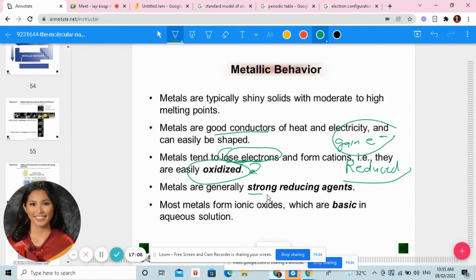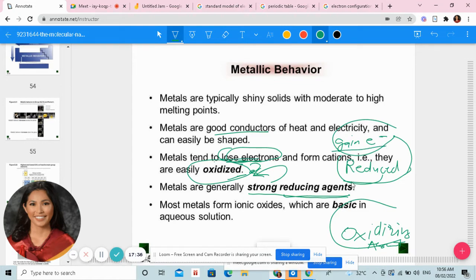Now, metals are generally strong reducing agents. If they are easily oxidized, they are reducing agents. If they are easily reduced, then they are called oxidizing agents. So metals are oxidized, strong reducing agents, and lose electrons. Non-metals gain electrons, they are easily reduced, and they are oxidizing agents.